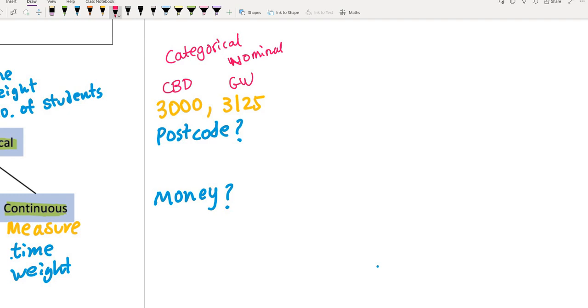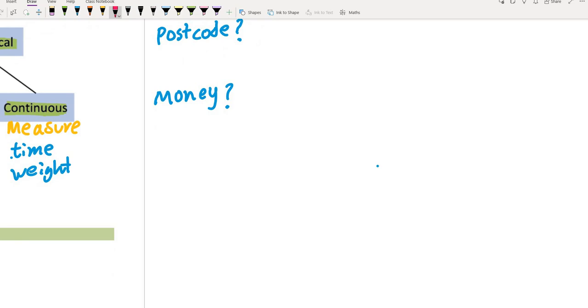And money, it comes in numbers, so it is numerical. However, you could argue it could be both continuous and discrete, depending on the scenario. So imagine some money in a bank account. Again, if you wanted to measure it down to more precise, you could have $100, 0.2564, so on and so on. So in this case, it's continuous.